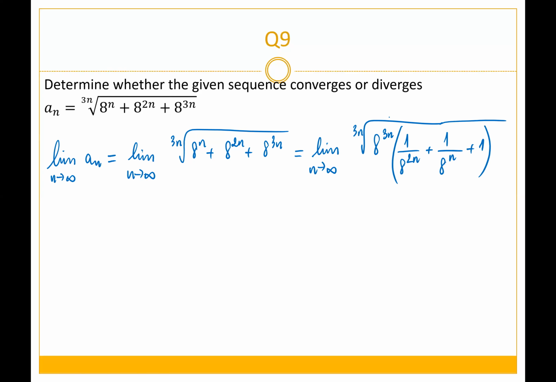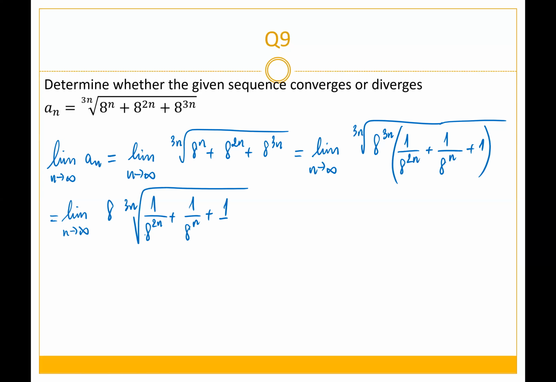Now, because this part is going to cancel out, what we end up having is the limit as n approaches infinity of 8, because the 3n-th root of a to the 3n is going to be the 3n-th root of (1 over a to the 2n, 1 over a to the n, plus 1).